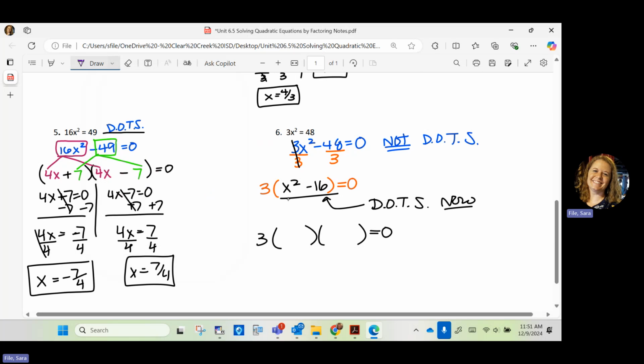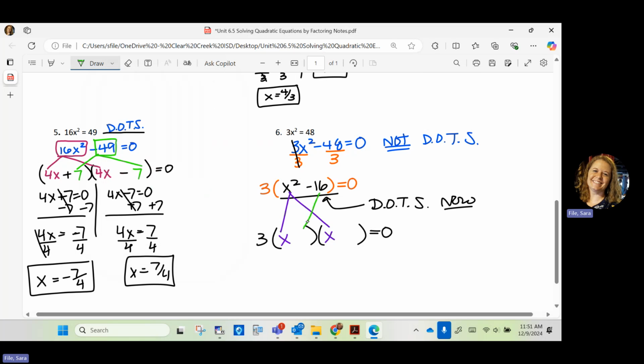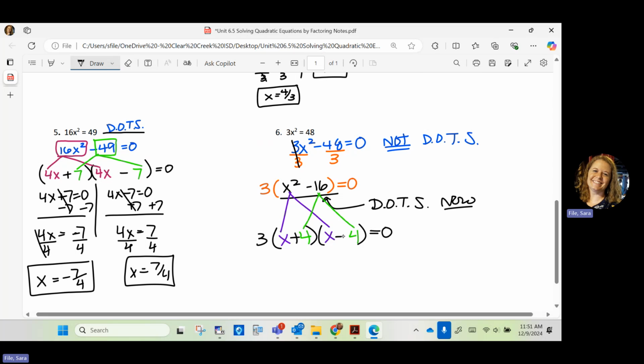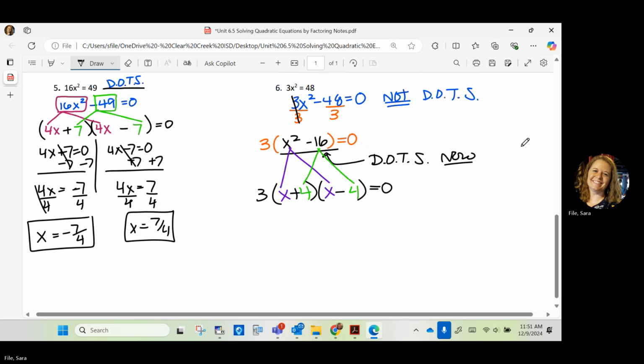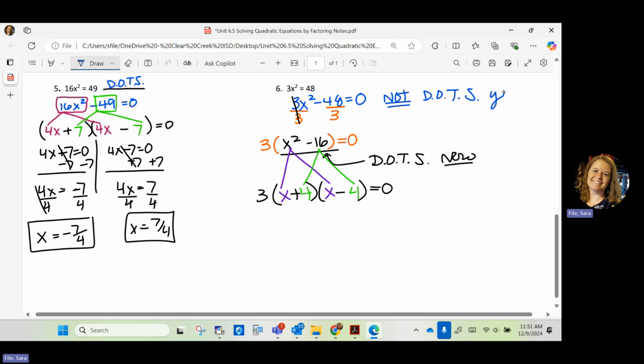So now I take the square root of the x squared, which is just x, and the square root of the 16, which is 4, and I get one positive and one negative. And now I'm ready to solve. I guess I should add up here. It's not difference of squares yet.